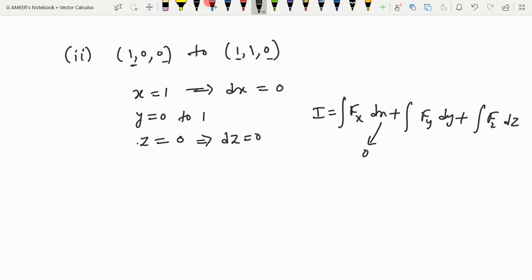So dx is 0 and dz is 0. Then what is remaining for us? So I will be equal to the integration of Fy dy. So what is the Fy here? In the problem Fy is minus 14yz.